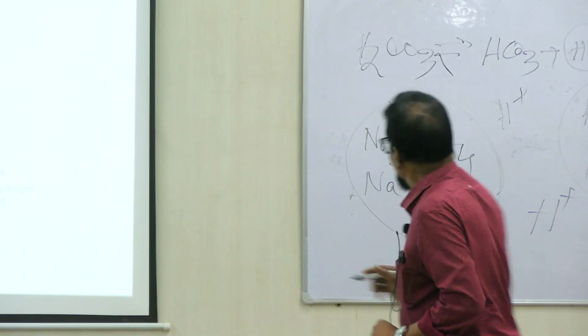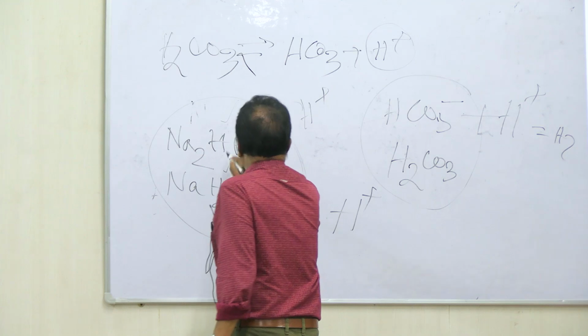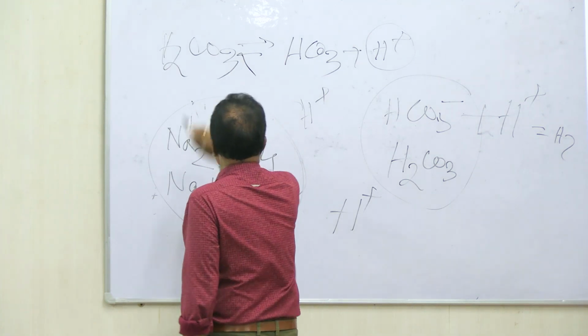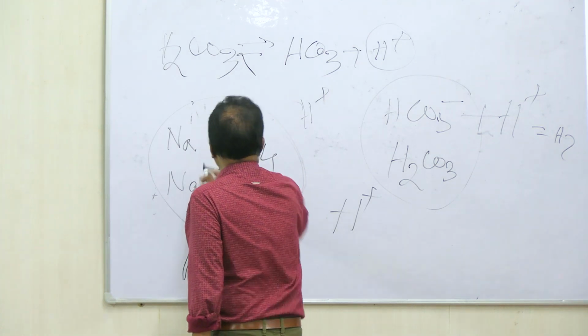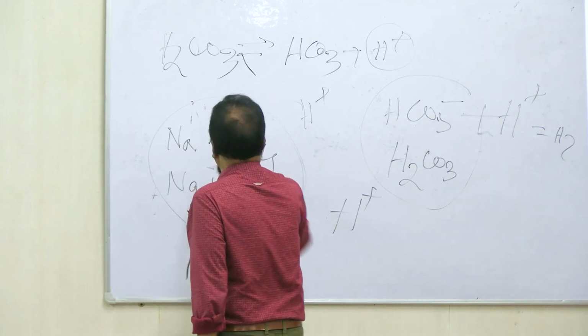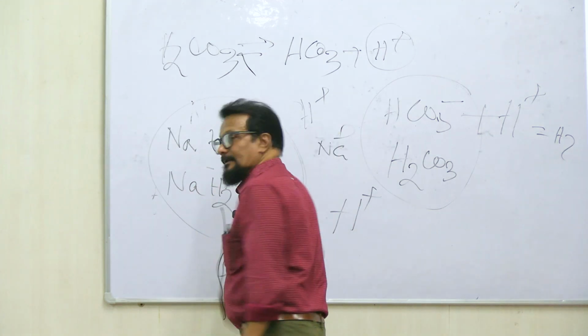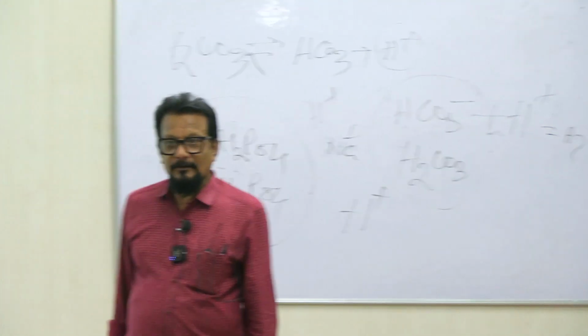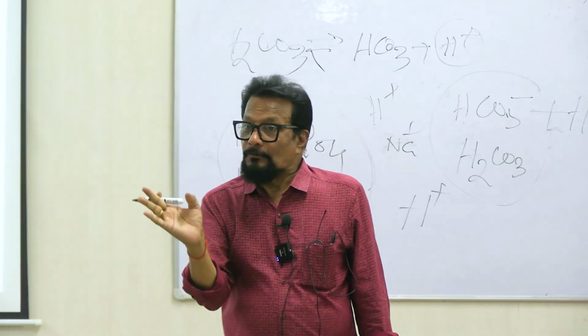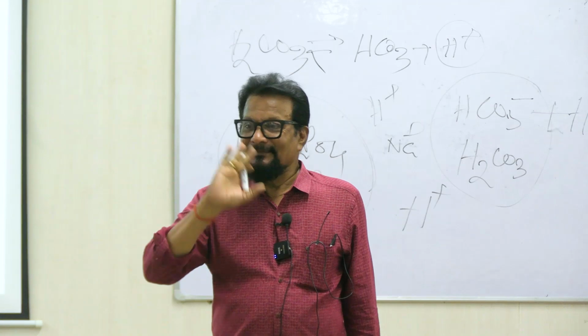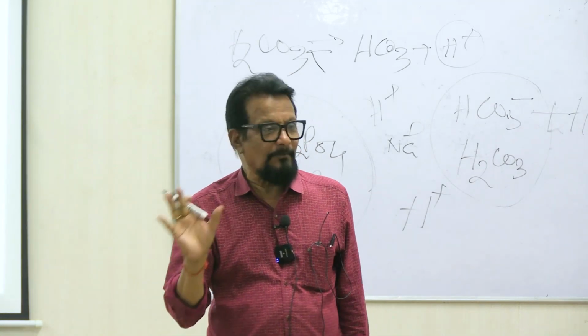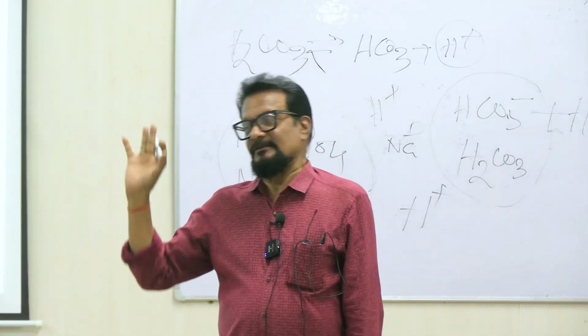So this will become HPO4 and this hydrogen will be released. This way the phosphate can buffer the hydrogen ions.